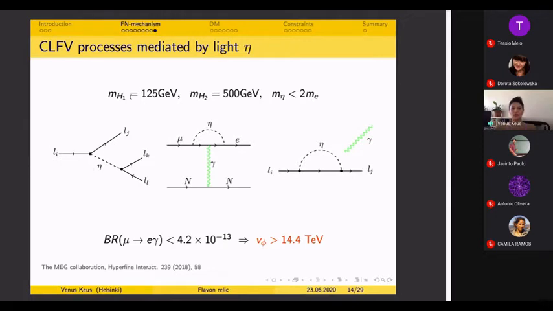Nonetheless, H1 and H2 have inherited CLFV couplings from the flavon, but because they are quite heavy, their contribution to these processes doesn't really matter. And as I mentioned, we want this eta to be light enough so it doesn't decay at tree level to, let's say, electrons. With a mass lighter than 1 MeV, this guy will dominate all of these processes.